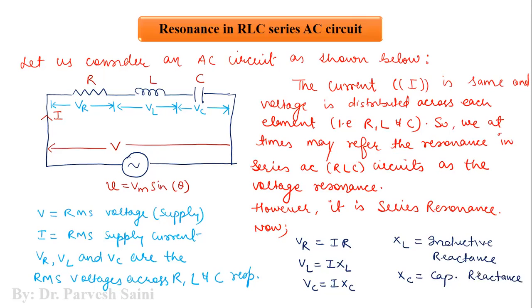So the net reactance in the circuit is X is equal to XL minus XC. So this would be the net reactance.